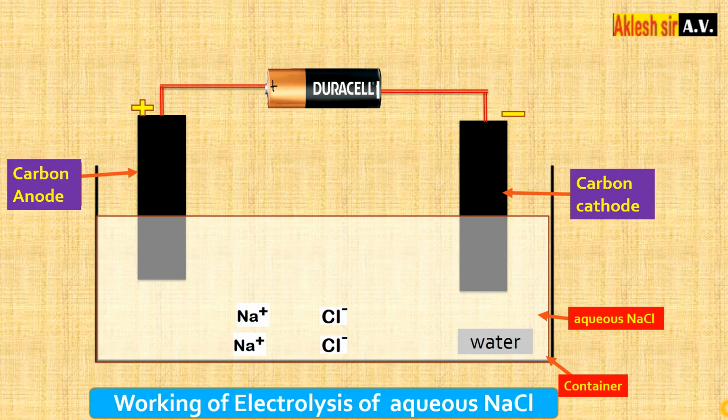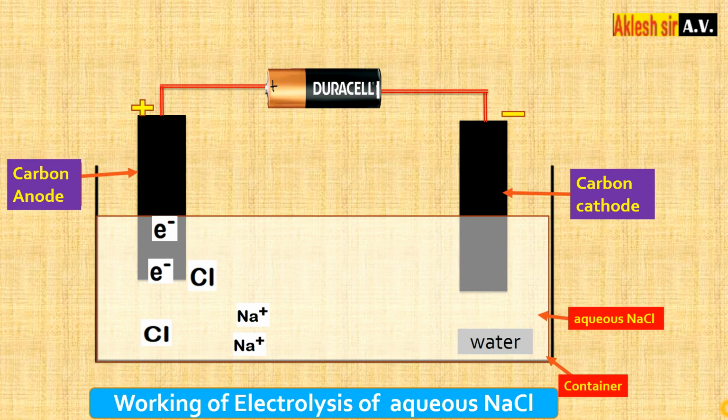Working of electrolysis of aqueous sodium chloride. The anode attracts Cl- ions. Each Cl- ion that reaches the anode gives 1 electron to the anode. It oxidizes to a neutral Cl atom in the primary process.